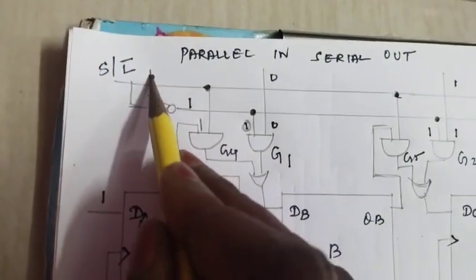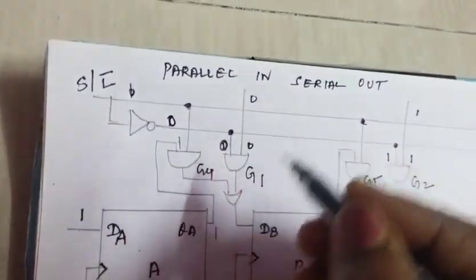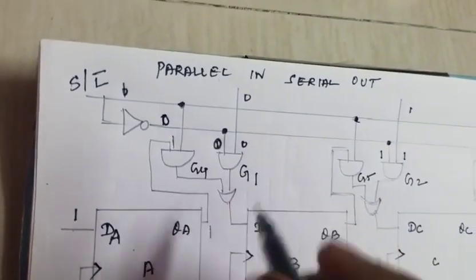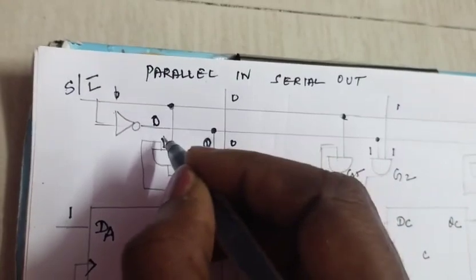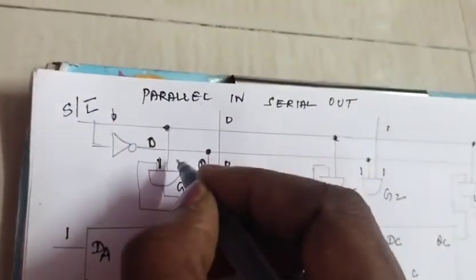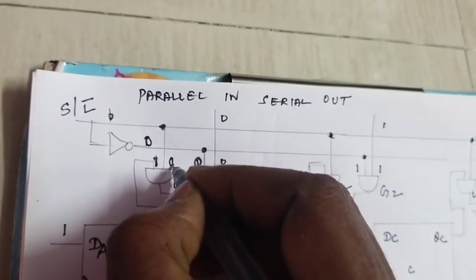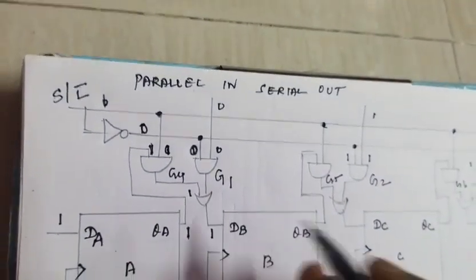When this is 1, this becomes 0. If this becomes 0, this becomes 0. This becomes disabled. Now, this is 1. Already here is 1, right? This is 1. This is 1. So your output is 1 and this output is 1. So what is the meaning of that?